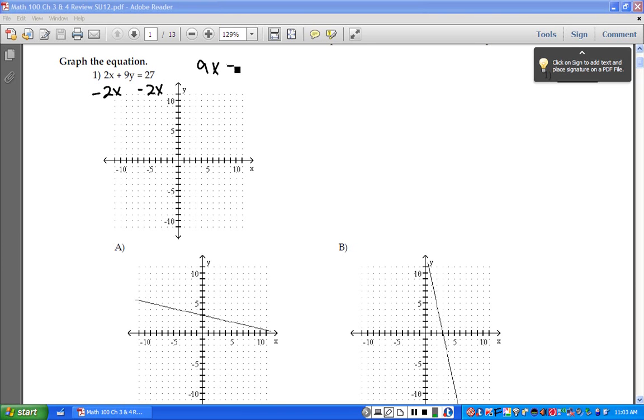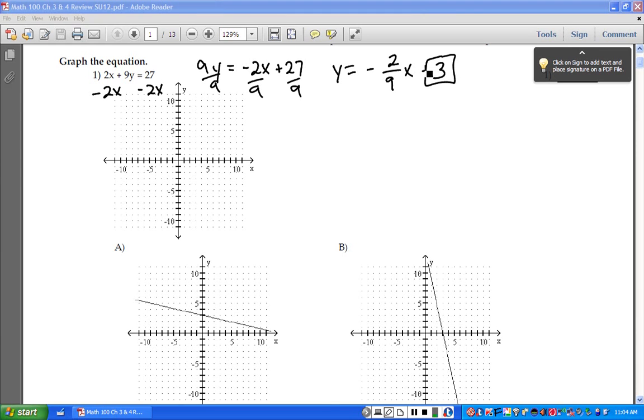That gives me 9y equals negative 2x plus 27, and then I divide everything by 9. So I would end up with y equals negative 2/9 x plus 3.